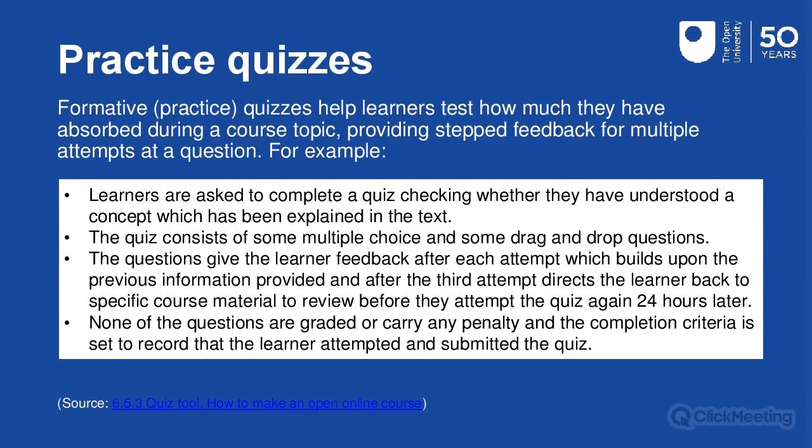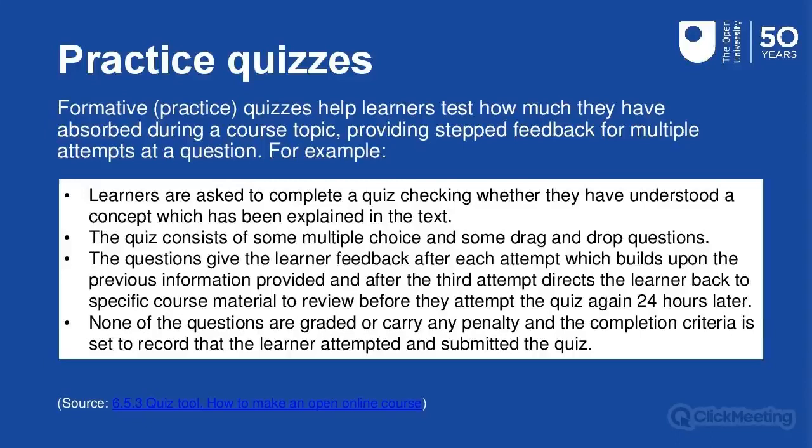Learners are asked to complete a quiz checking whether they've understood a concept which has been explained in the text. And the quiz consists of some multiple choice and some drag and drop questions. The questions give the learner feedback after each attempt, which builds upon the previous information provided, and after the third attempt directs the learner back to specific course material to review it before they attempt the quiz again 24 hours later.